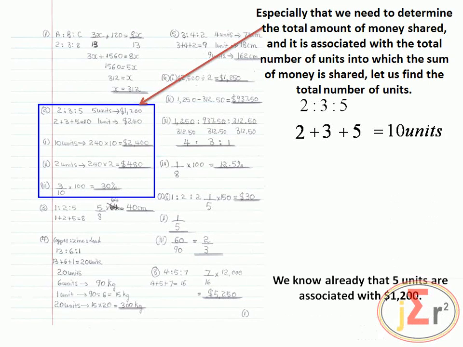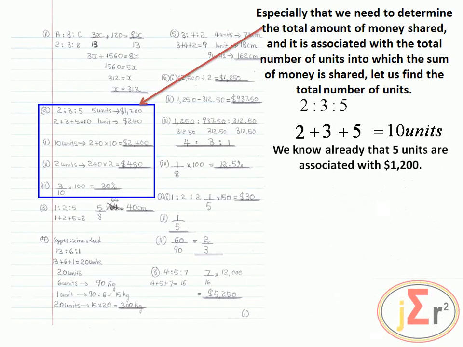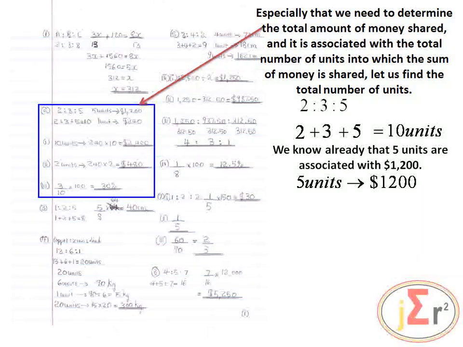When we add those, we know already that 5 units are associated with $1,200. Associate them. 5 units associated with 1,200. How do we know that? Because it says so in the statement of the problem.